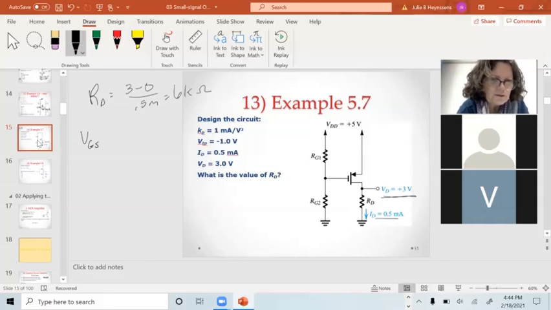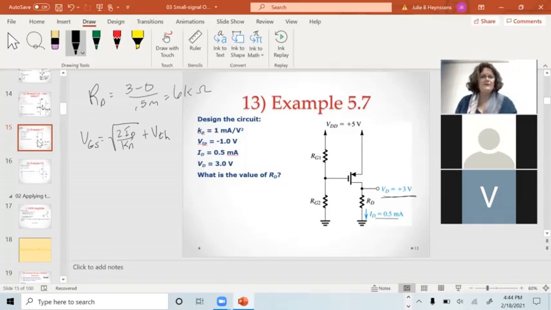VGS is going to equal the square root of 2ID over Kn plus V threshold. We can get VGS, and we can choose the ratio.